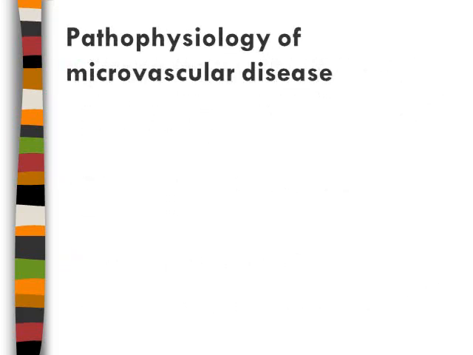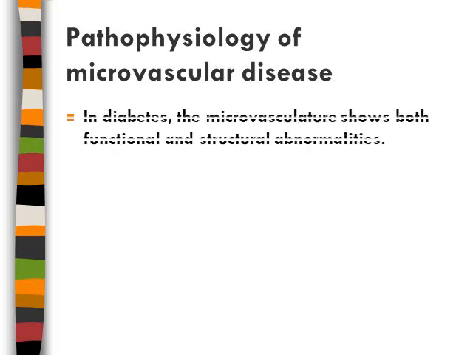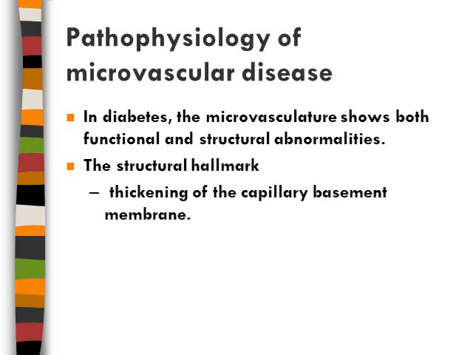Now, coming towards the pathophysiology of microvascular disease. In diabetes, the microvasculature shows both functional and structural abnormalities. Amongst the structural problems, the hallmark is thickening of the capillary basement membrane. Wherever microvessels are present, the first structural change noted is the thickening of the capillary basement membrane.